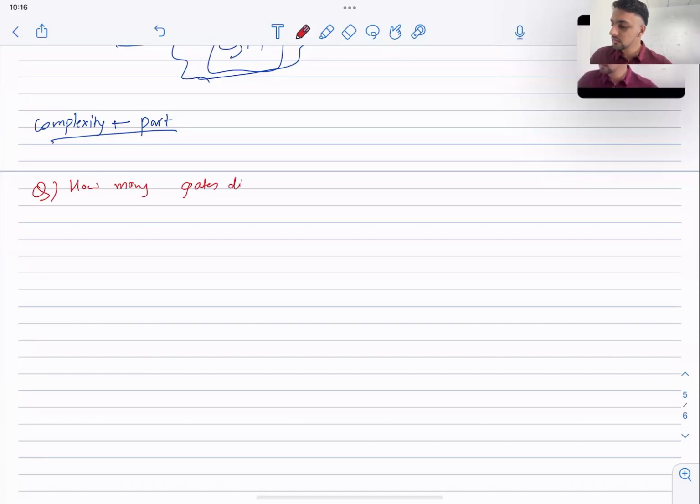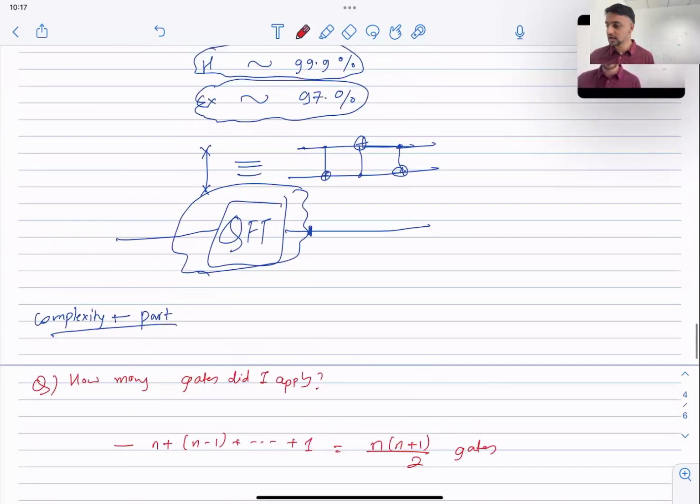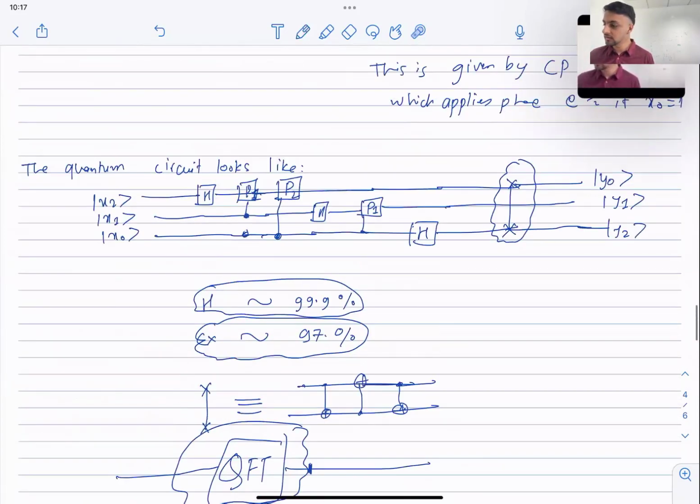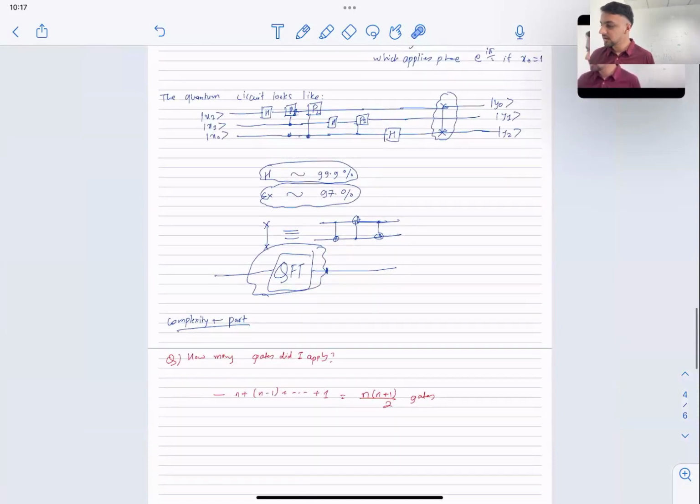gates did I apply, right? So the answer is, I needed n plus n minus 1 plus 1. So this is n times n plus 1 divided by 2 gates. If you look at this carefully, you'll see why this is the case.